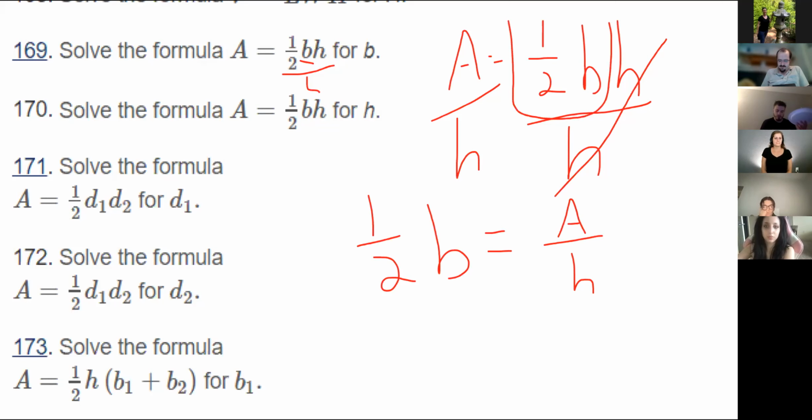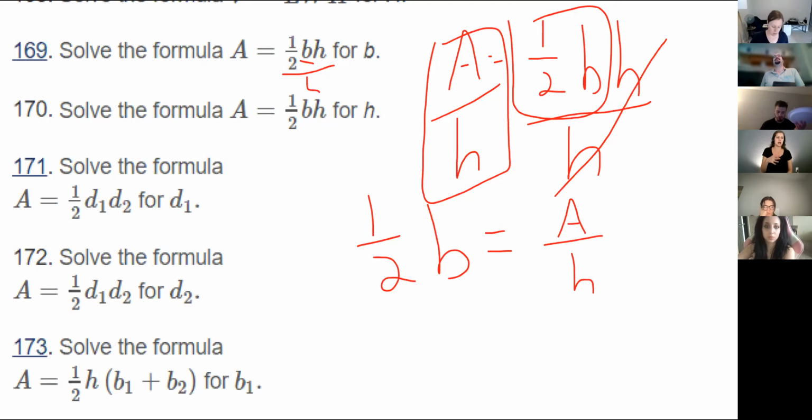So over here, I have 1/2 b. Over here, I have a over h. And I divided both sides by 1/2 to get the b by itself. Dividing by a half is one way to do it. Or multiply by 2.